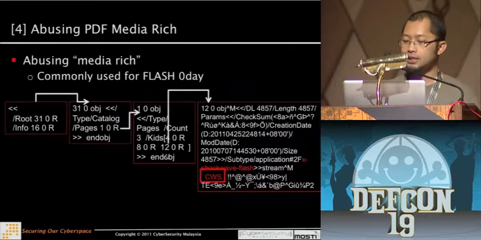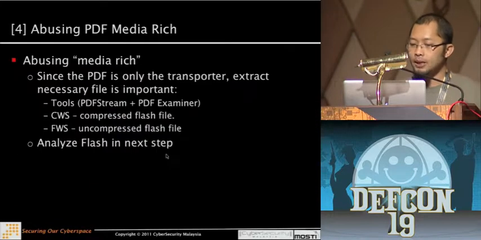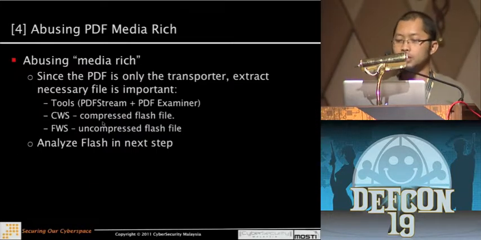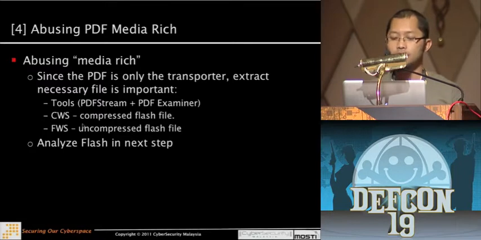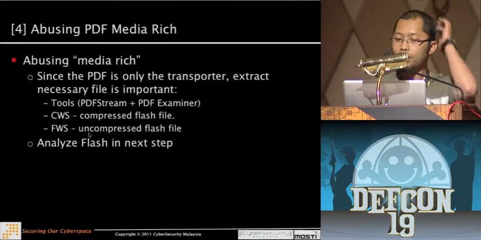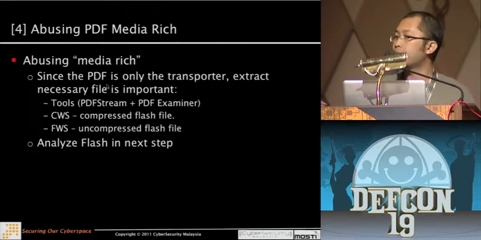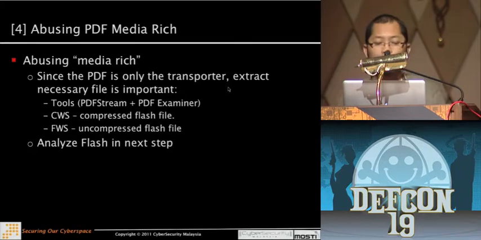If you see, SWF is basically CWS, a compressed file, and then another one called FWS is an uncompressed file. PDF is just pretty much the main transporter for this one. You need to extract the Flash file to check what the exploit is, what kind of shellcode is inside it.